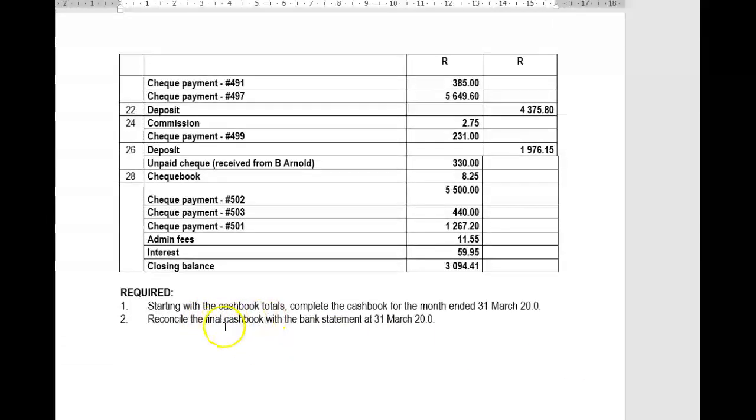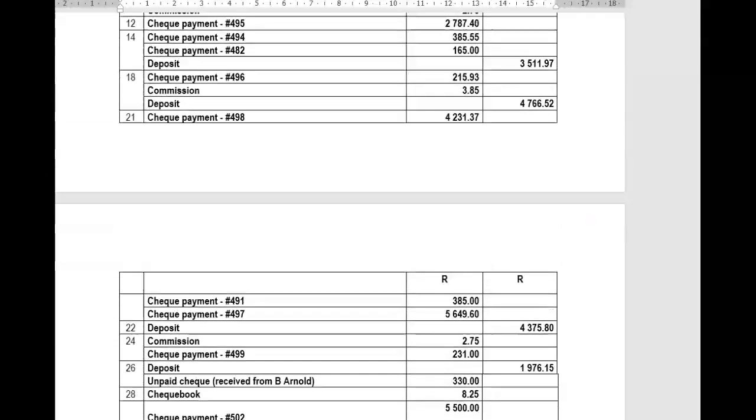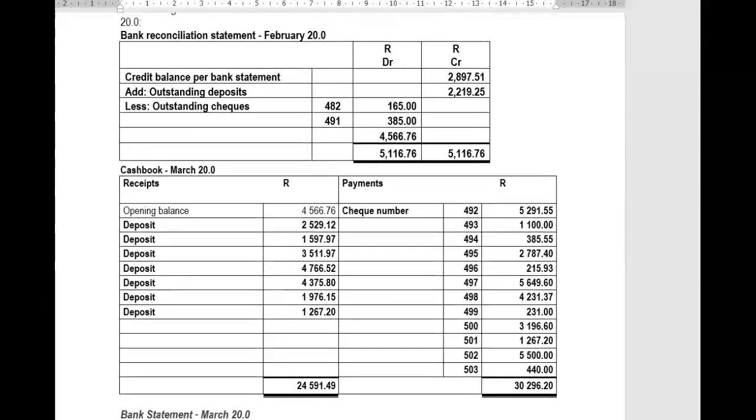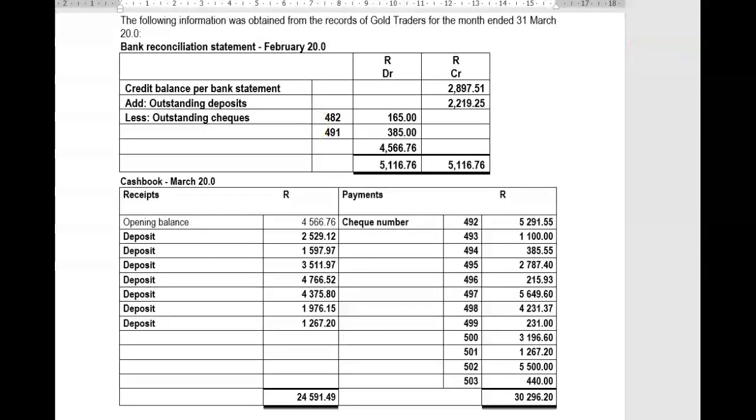And then you have to reconcile the final cash book with a bank statement. So there's no funnies here. You have to physically go and tick the one item against the other item. And once you've done that, you are going to define what is the reconciling differences, and then you will have to do the bank statement.